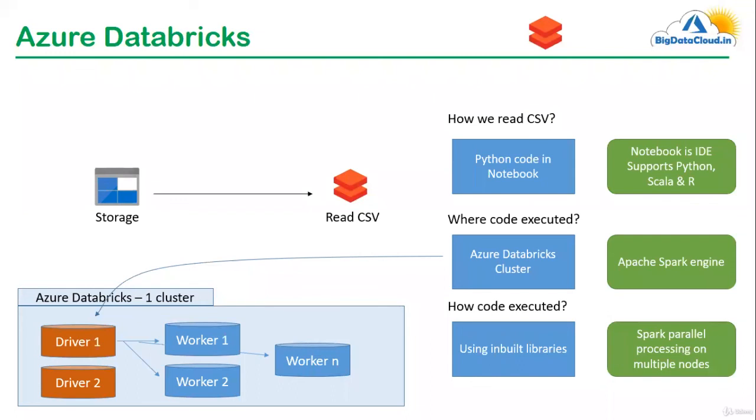Spark parallel processing is nothing but the worker nodes completing their own assigned tasks in parallel, and that is where big data gets processed in a very fast and efficient way on Apache Spark. And Azure Databricks is nothing but Apache Spark that takes advantage of this parallel processing. So now let us go ahead and read the data from storage, process data, transform data, and save it in the target system.